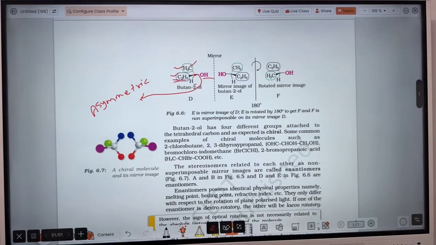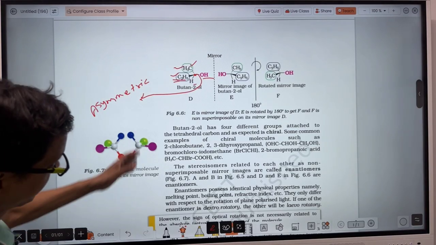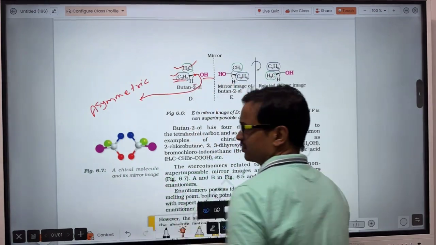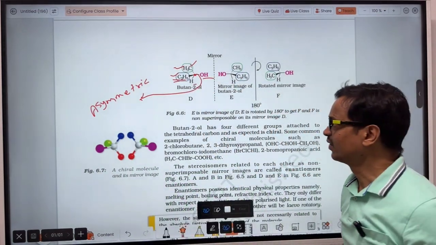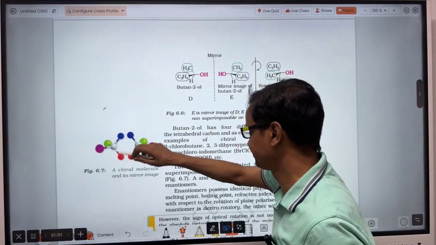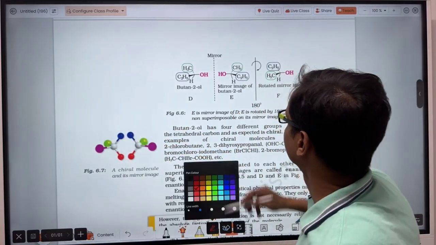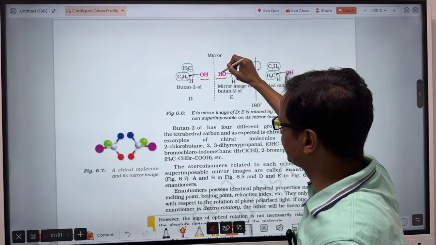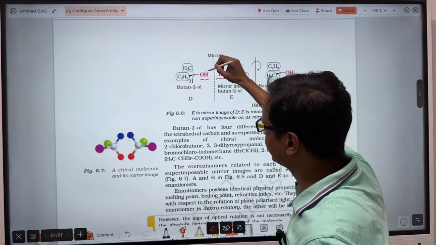This carbon is asymmetric. Now watch out here, just verify whether its mirror images are superimposable or non-superimposable. So what happened here? So OH is front side, so OH will be here. This hydrogen will be like in this manner here.